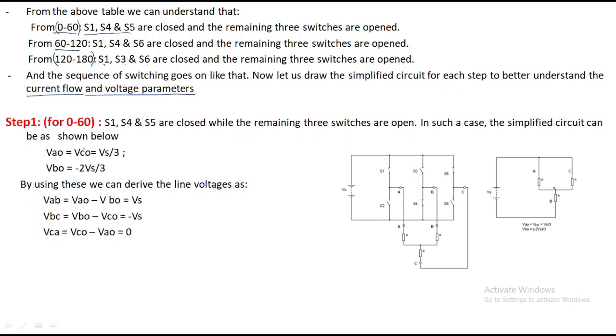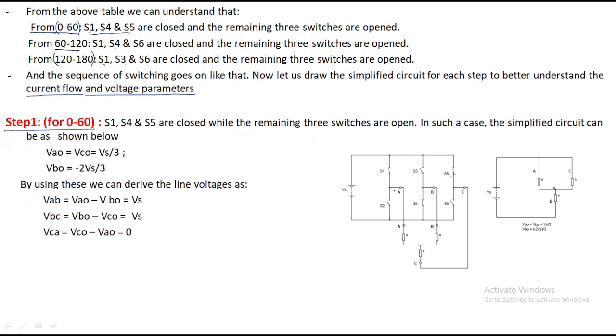First, step 1, 0 to 60 degrees. For 0 to 60 degrees, S1, S4, S5 are closed. Look at here, these three are closed. Understand? Remaining are open. In that case, the simplified circuit can be as below.